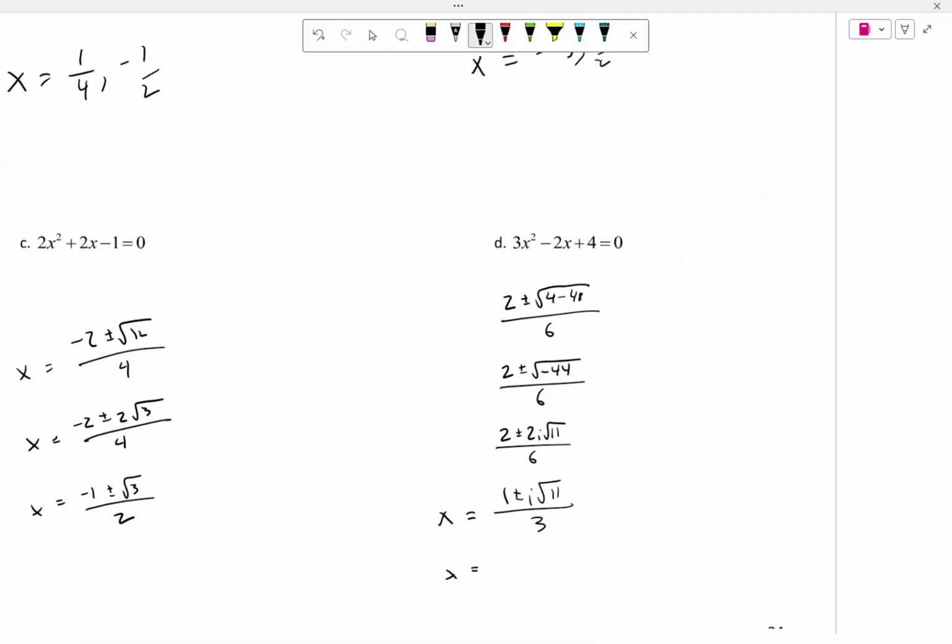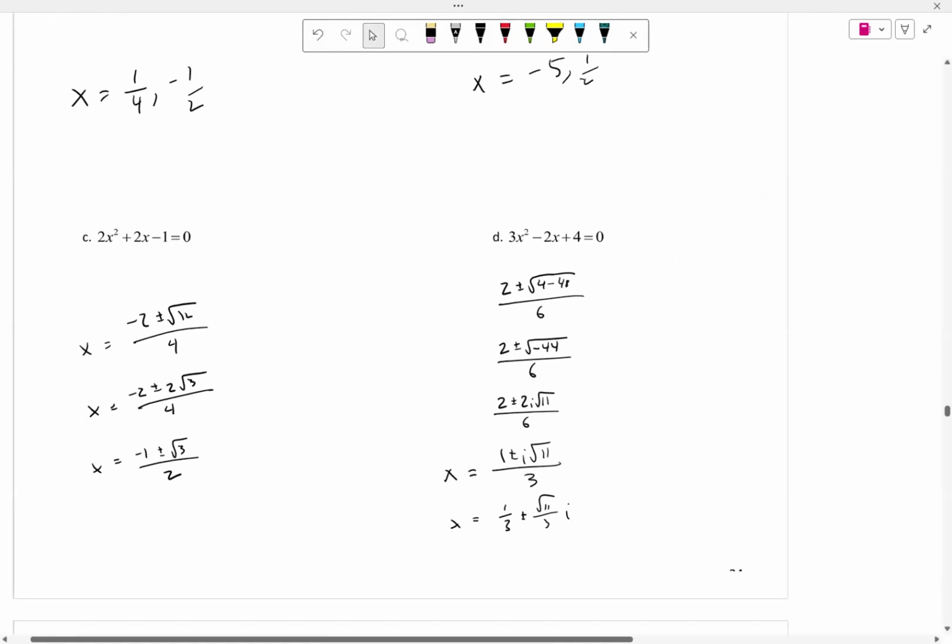In other words, the answer I'm looking for is 1/3 plus or minus root 11 over 3 i. If you want to put the i to the left, that's fine, although that's a little bit strange. If i is involved, it's an imaginary number. I want it in standard complex number form.